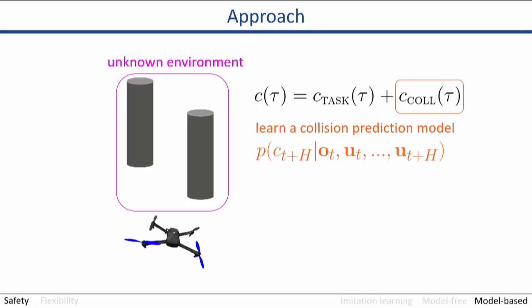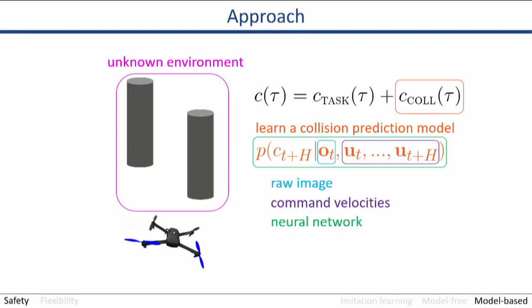Now what we're going to do is learn a collision prediction model that takes as input the current state observation, which might be a raw image, and a sequence of actions, which could be commanded velocities, and it outputs the probability that you will collide. We parameterize this as a neural network. So at a high level, we're learning a model that predicts when the end of the world is going to happen for our robot.